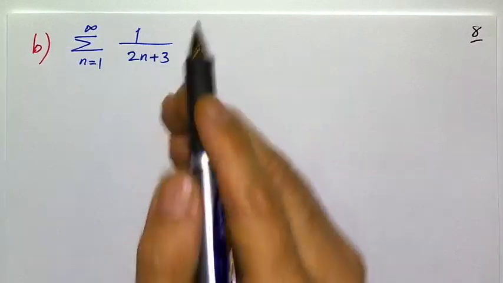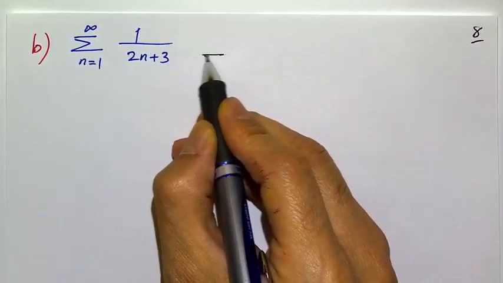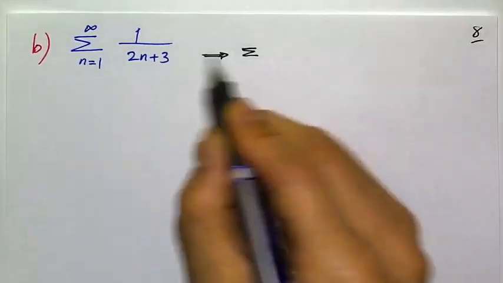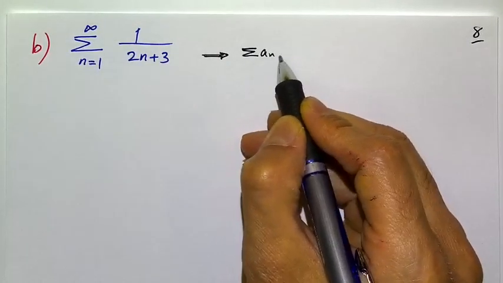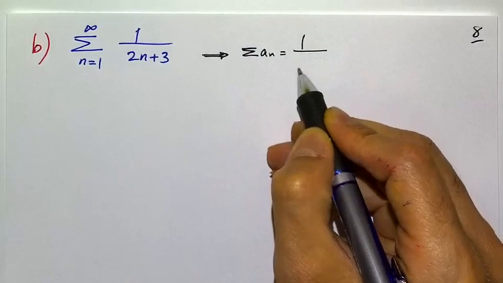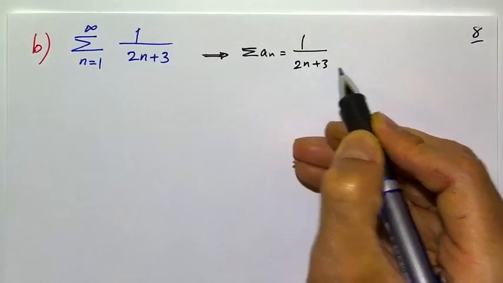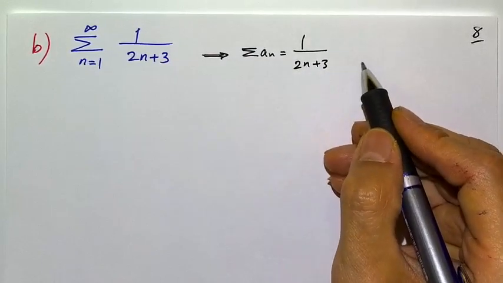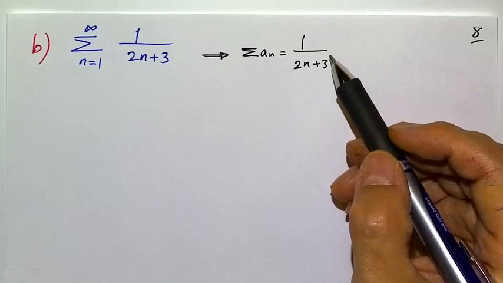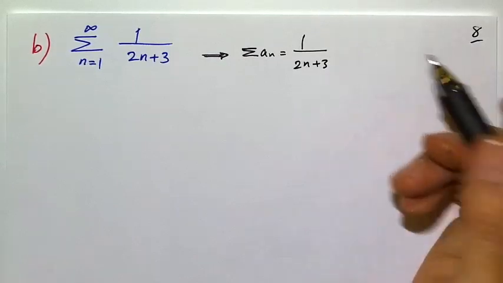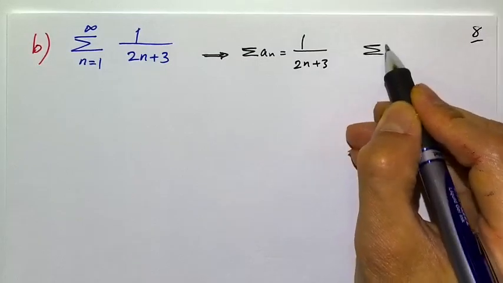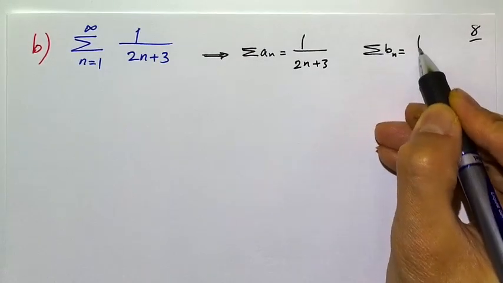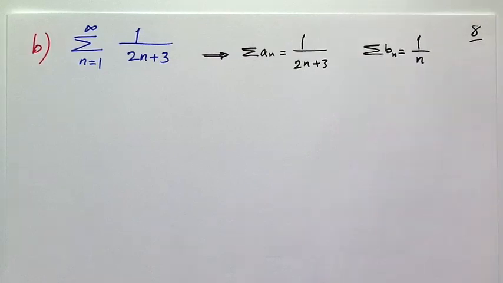And so for sure, given that the series that we're testing is 1 over 2n plus 3, and the series that we pick, let's pick 1 over n. That's easier. Okay, so let's establish that.